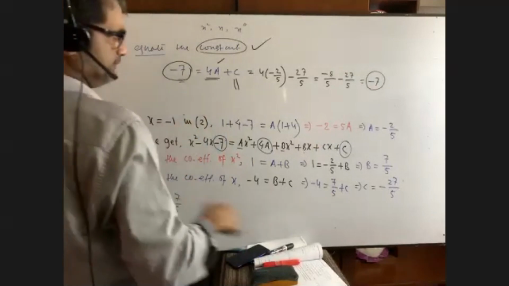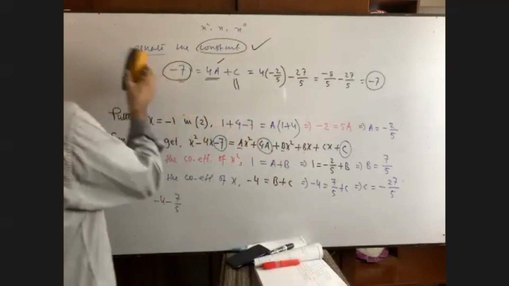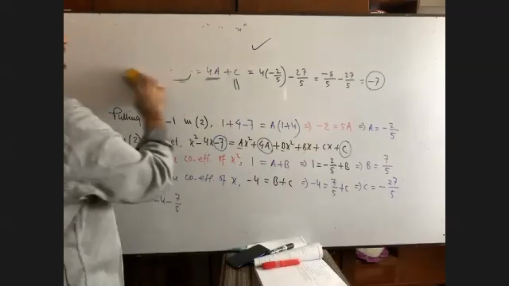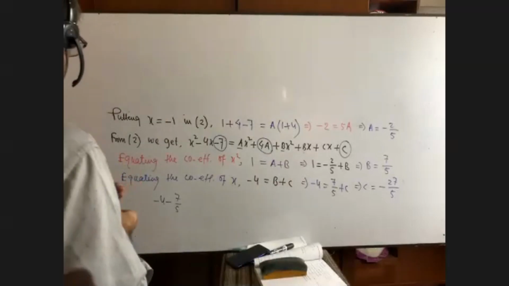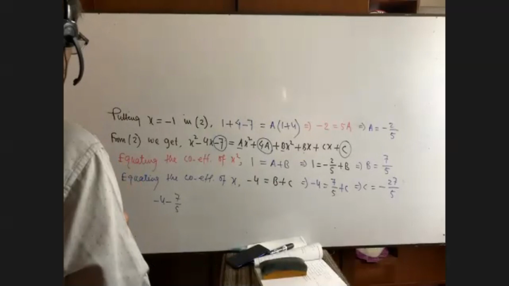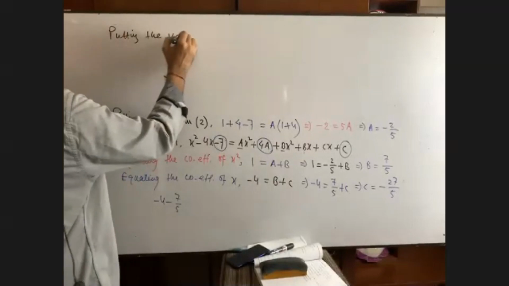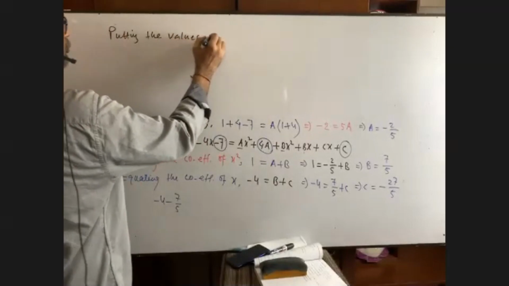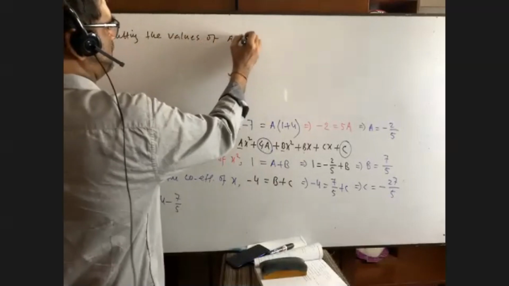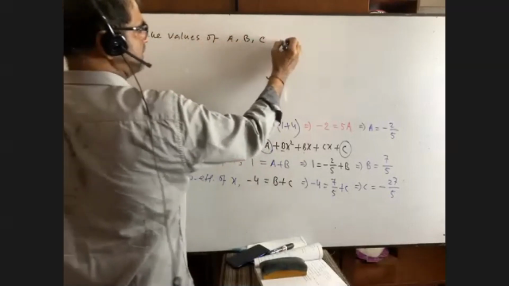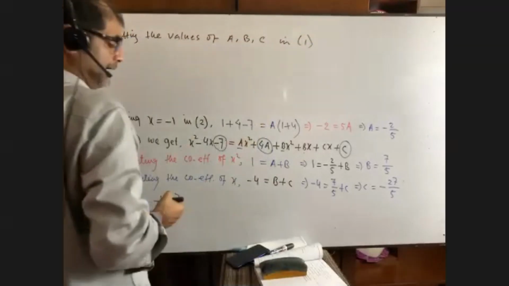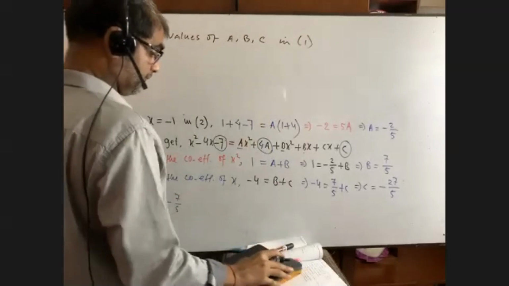Now you write down, putting the values of A, B, C in equation 1. I am going to write down 1 again.